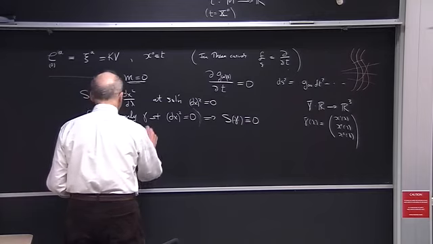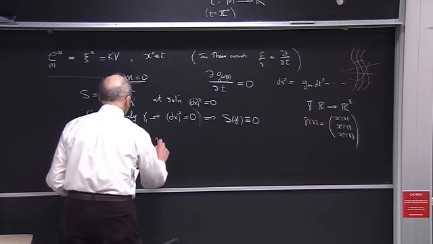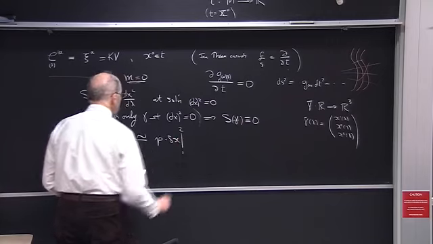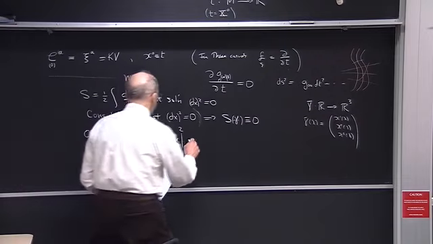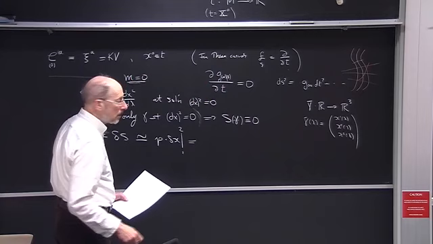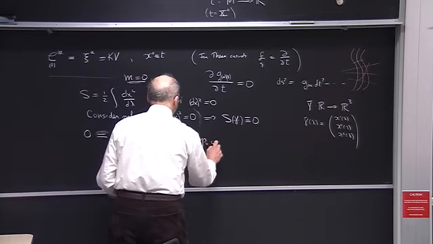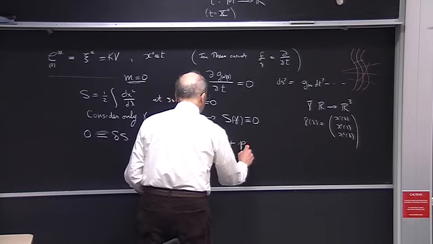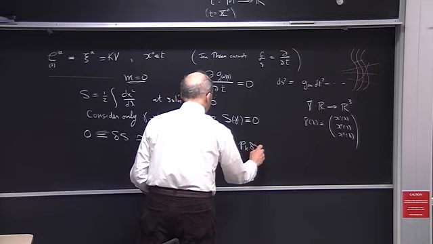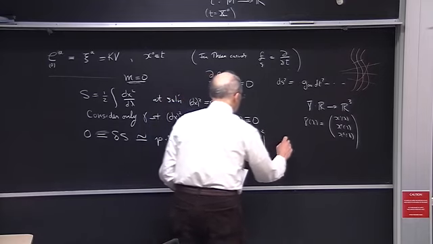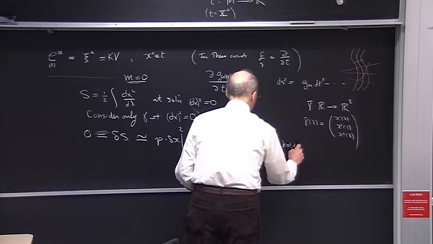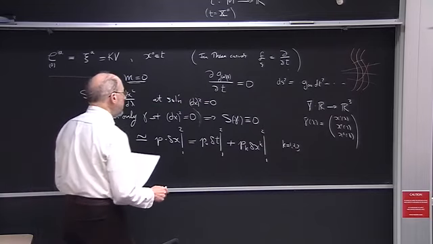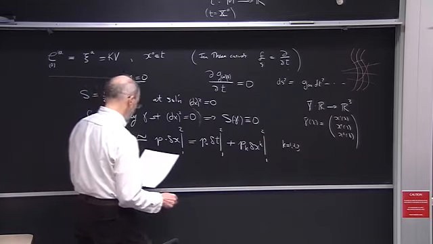And if we vary about a solution, then as we have seen many times now, the variation of the action is given by this condition. If we write out what that is in this coordinate system, it's P₀ δt plus p_k δx^k, where k is always just a spatial coordinate.